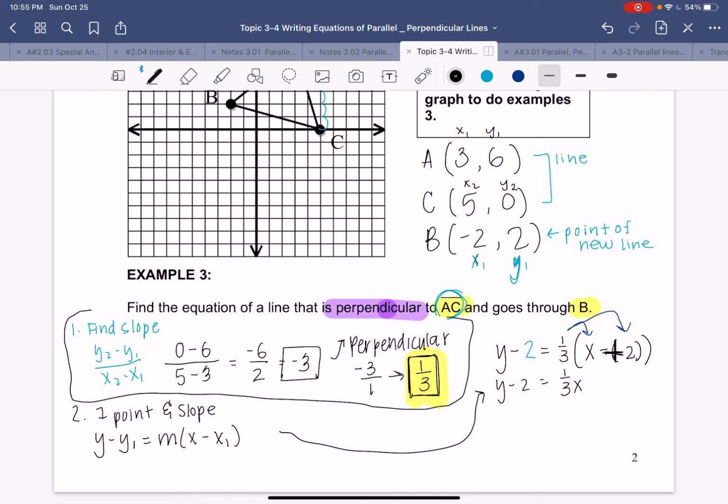And when I multiply 1/3 times 2, it ends up being a positive 2/3. Well, now I need to add 2. Now we've got adding fractions over here, so I hope your calculator can do this. So we have y equals 1/3 x.